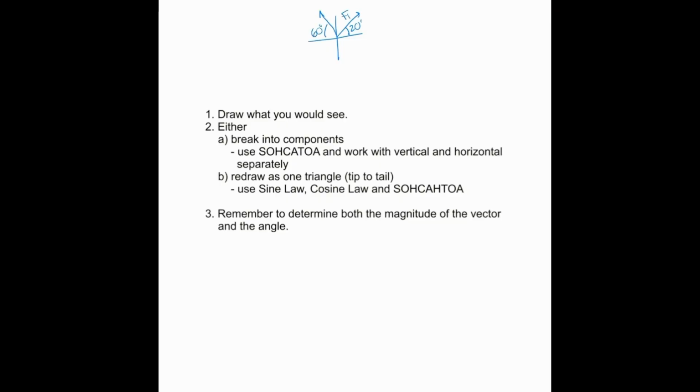If this is force 1 and this is force 2, remember I can break this into Fx1 and Fy1 and Fx2 and Fy2. And once I've done that, I can add them. So all my force in the x direction will equal Fx1 plus Fx2. All my force in the y direction will equal Fy1 plus Fy2.